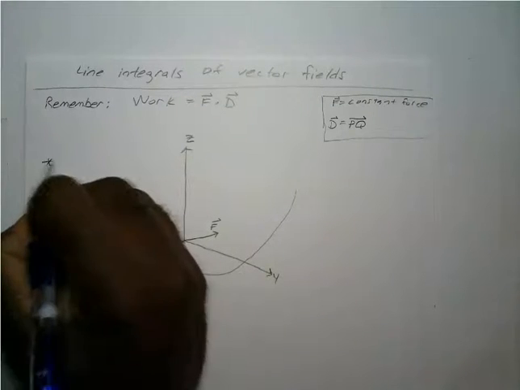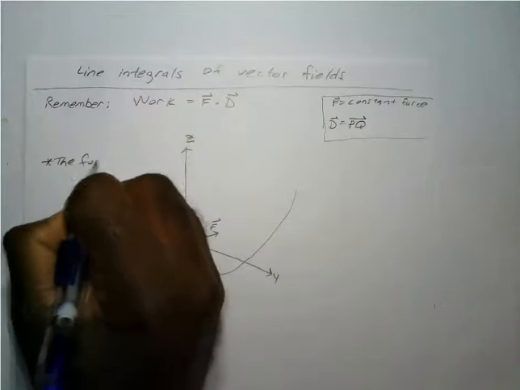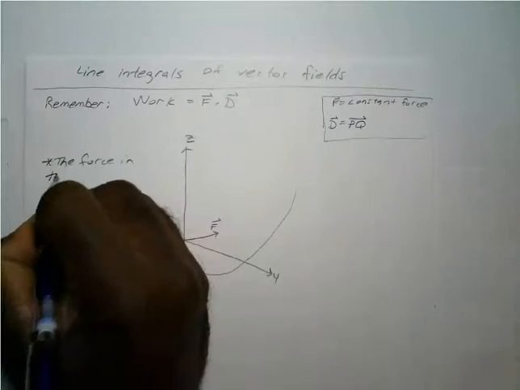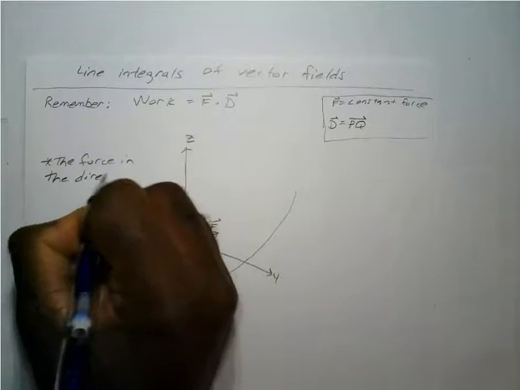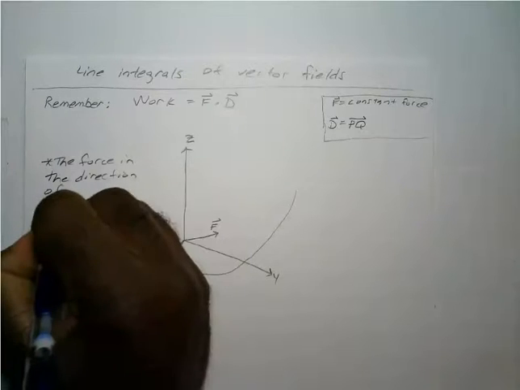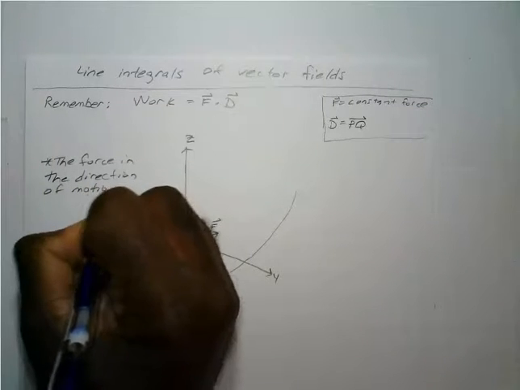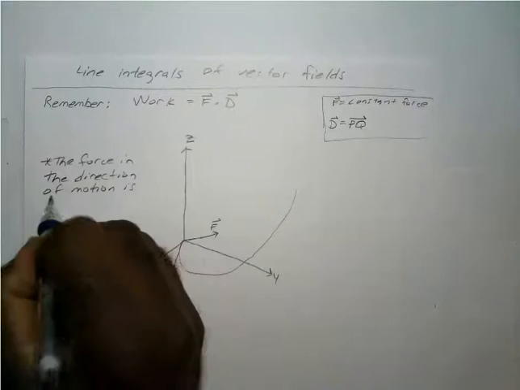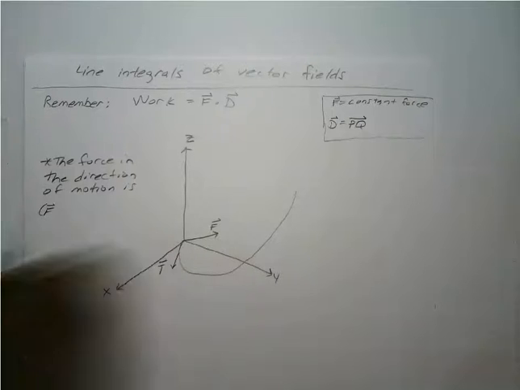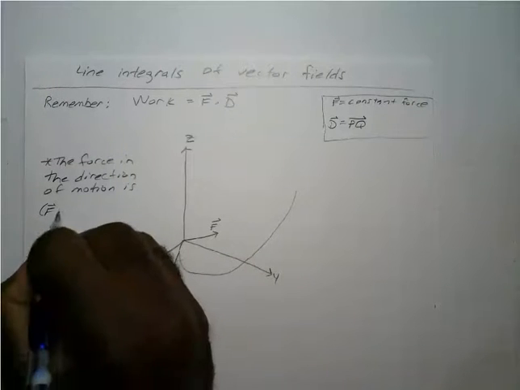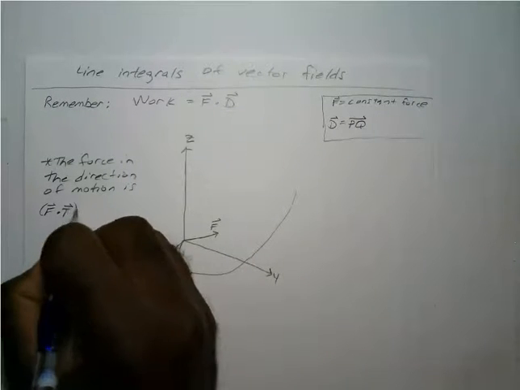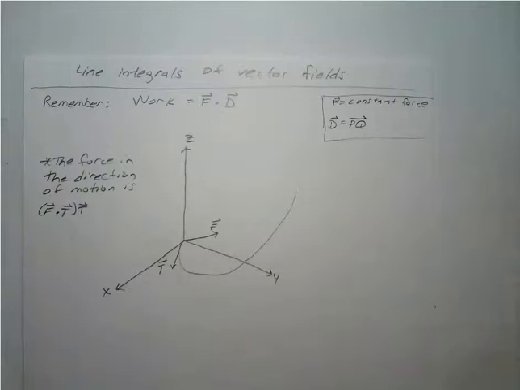Okay, so the force in the direction of motion is the dot product of our force and our unit tangent vector times our tangent.